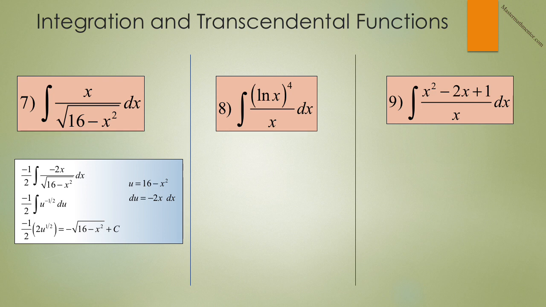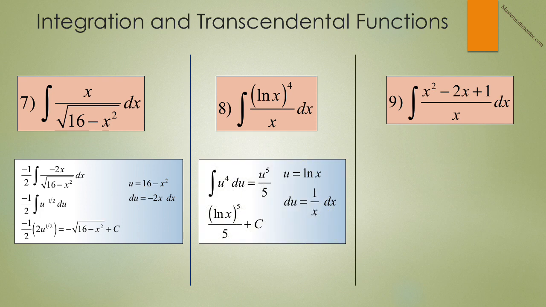And this is -1/2 the integral of u to the -1/2 du, which is -1/2 times u to the 1/2 divided by 1/2, which is multiplying by 2. Final answer, negative the square root of 16 minus x squared plus c.